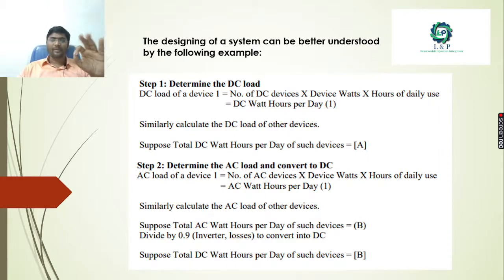Second, if you want to calculate the AC load and convert that to DC, it's very simple: number of AC devices times the device watts times hourly usage gives the AC watt hours per day. To convert that AC load into DC, simply divide that value by 0.9. So now you have the total DC load which is required.